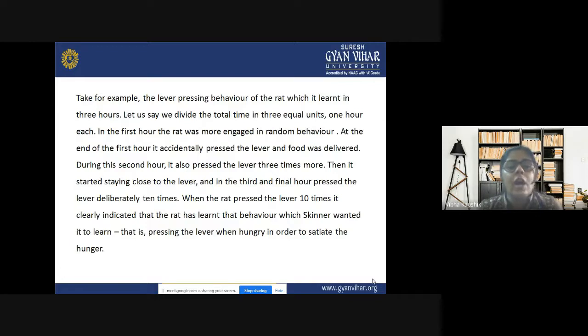In the first hour, the rat was more engaged in random behaviors, walking, jumping, and trying each and everything to come out of the Skinner's cage and have food.